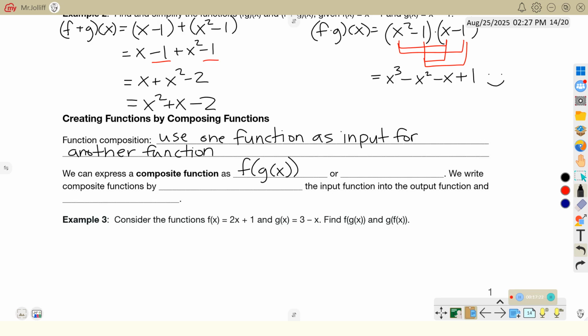I like that notation because it is very clear that g is the input for the function f. The other way you will sometimes see that same idea written is f and then a little open circle and then g and then x, and it reads the same way, f of g of x.